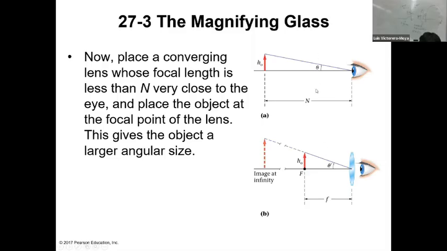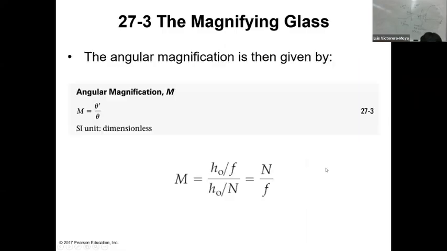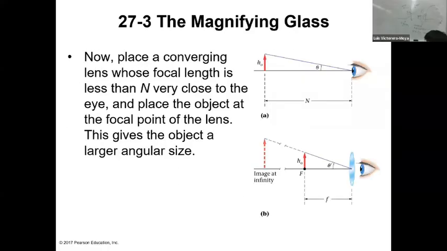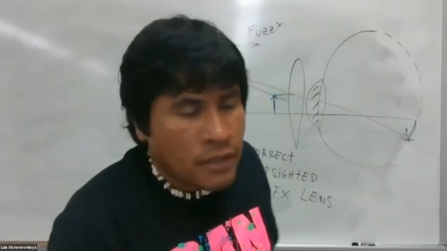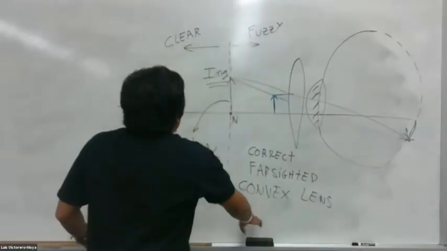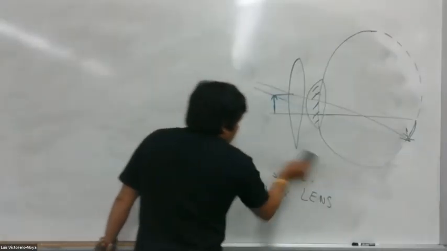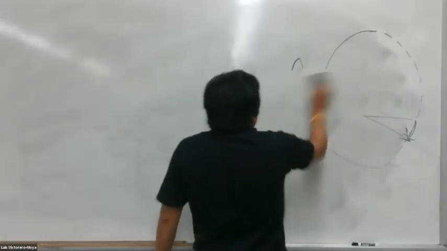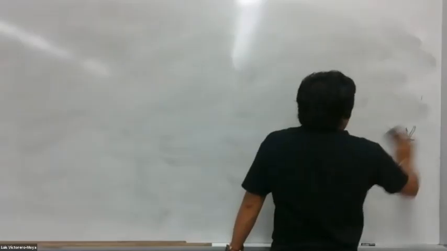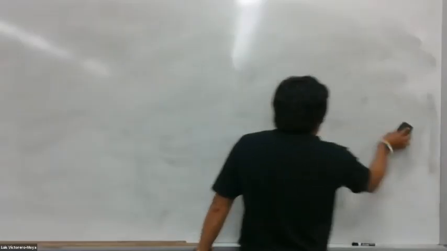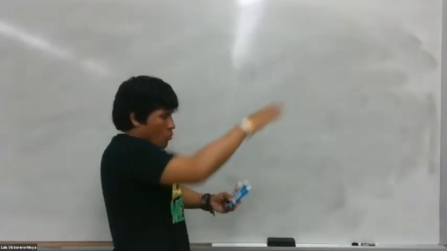The angular magnification will be the ratio between these two angles. So how will you use this? If I use the trigonometry, we have to remember a few things in here. We're still talking about the eye, but now we're talking about the angle between the eye, the retina, and whatever you're looking at, right?